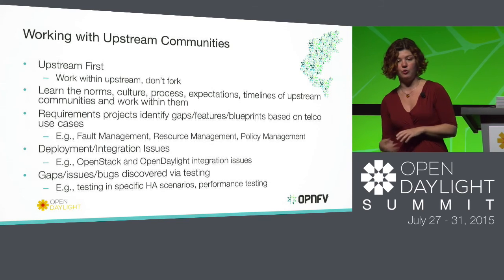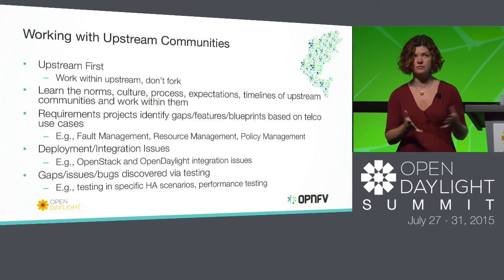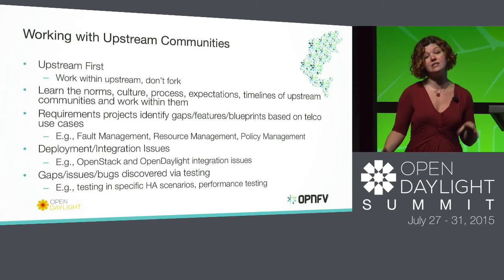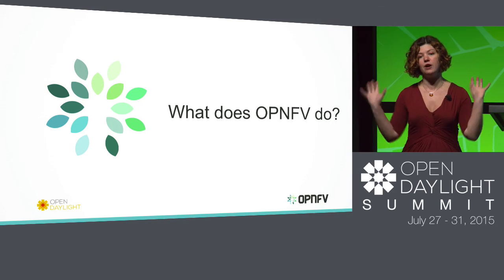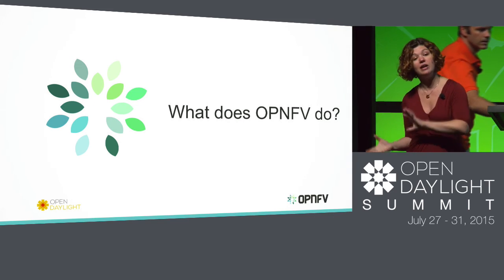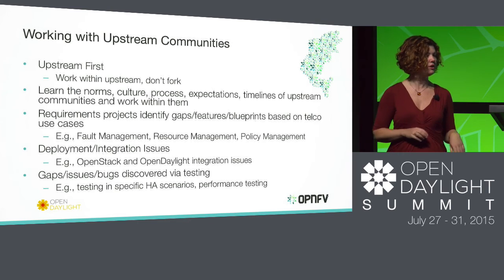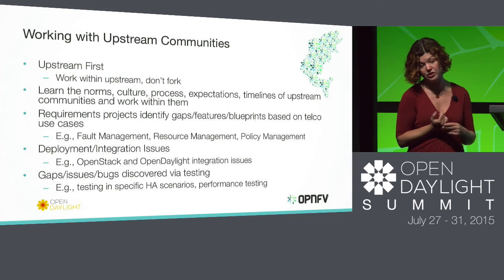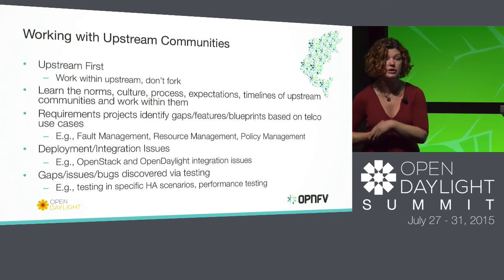So for example, in the context of the OpenStack Liberty release, we had a number of requirements projects that looked at different needs from a feature perspective in the platform that operators needed for network function virtualization. And we actually took blueprints up to OpenStack for things like fault management that are being incorporated into the Liberty release.